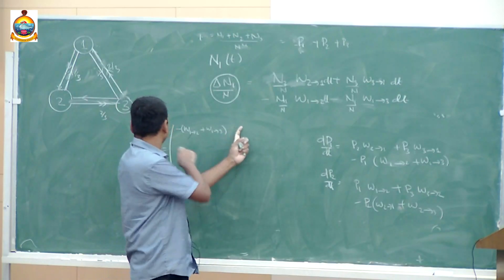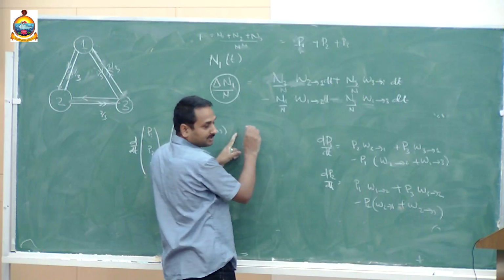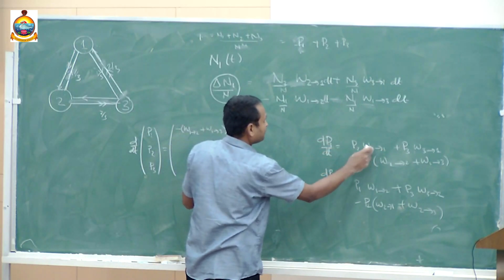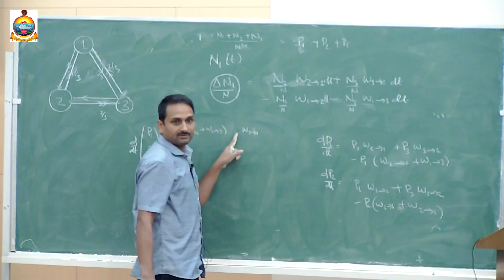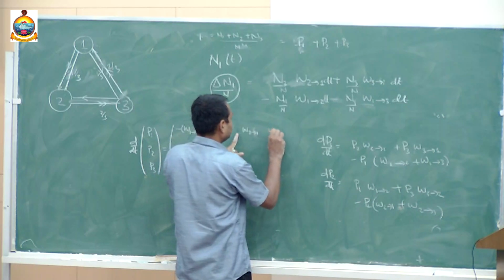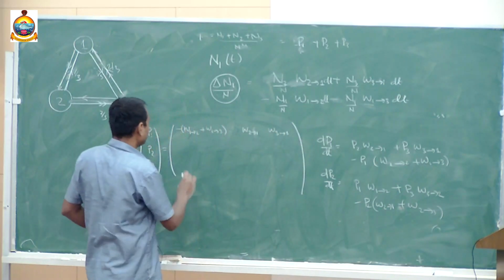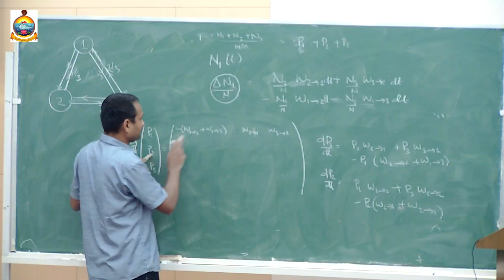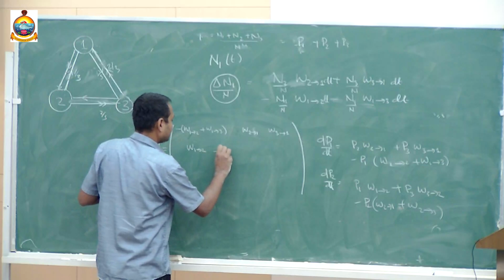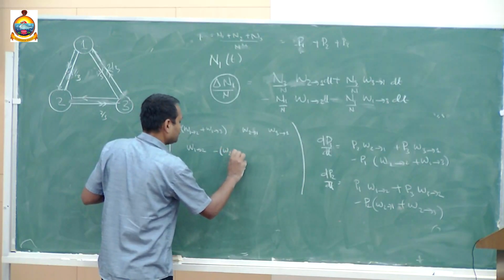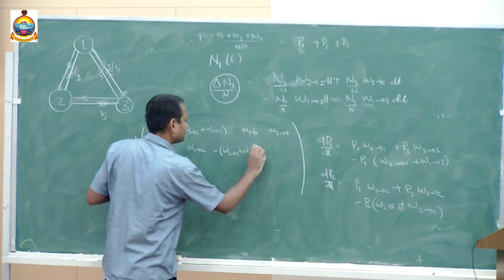And from wherever you come to 1, okay. From p2 you can come with w2 to 1, and this one is w3 to 1. Similarly, you want to come to p2 from 1, so w1 to 2, and this is minus of w2 to 3 plus w2 to 1, okay.